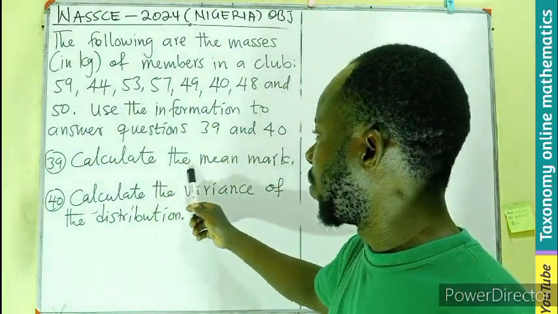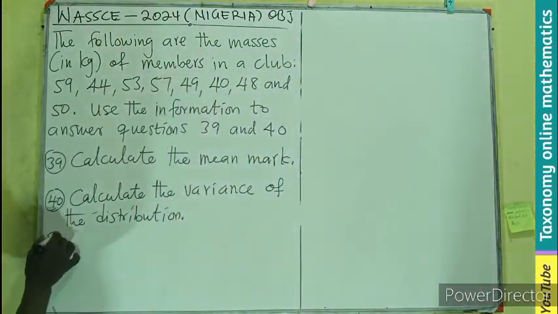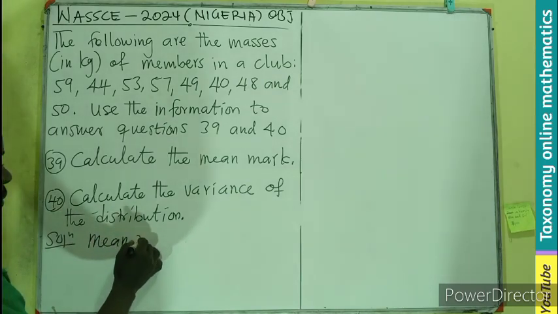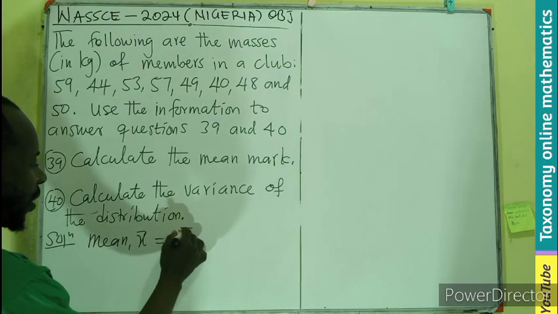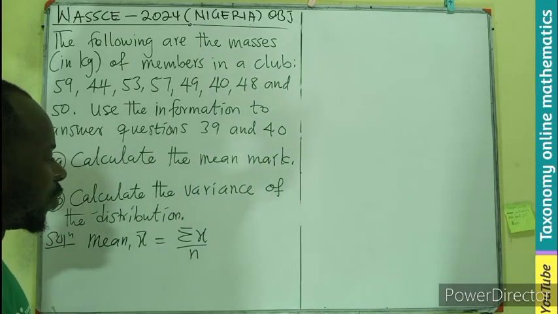The first one is to calculate the mean mass. Right away, we know that to find the mean, it is going to be the summation of all the x values divided by the number of values we have.